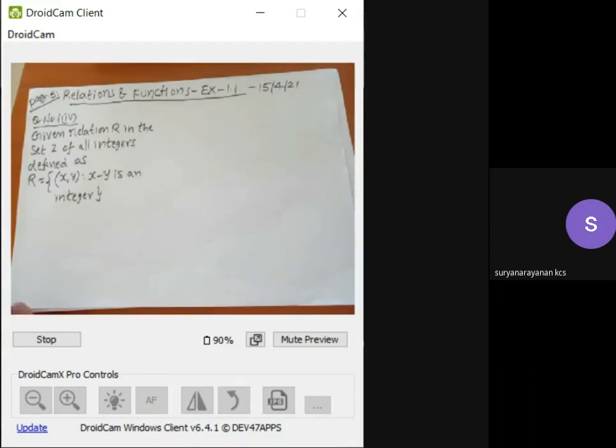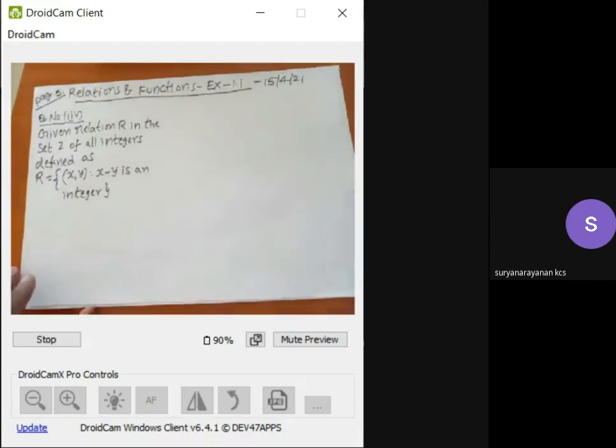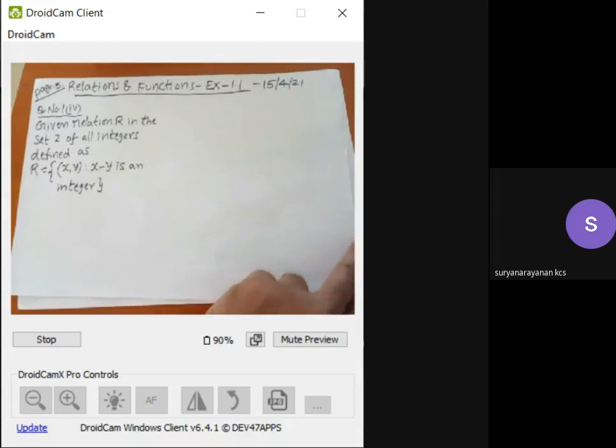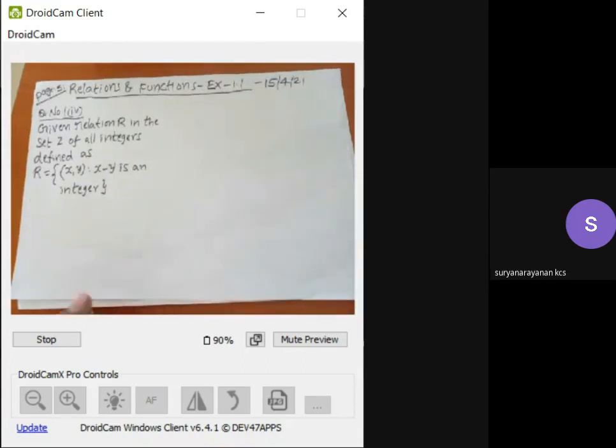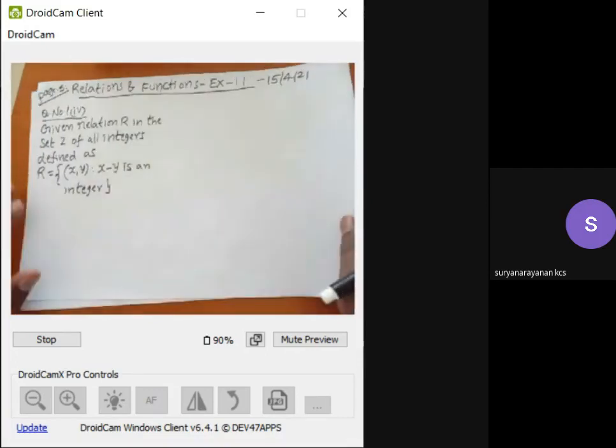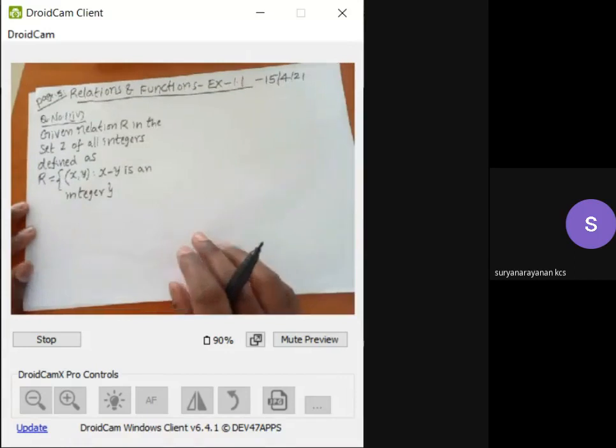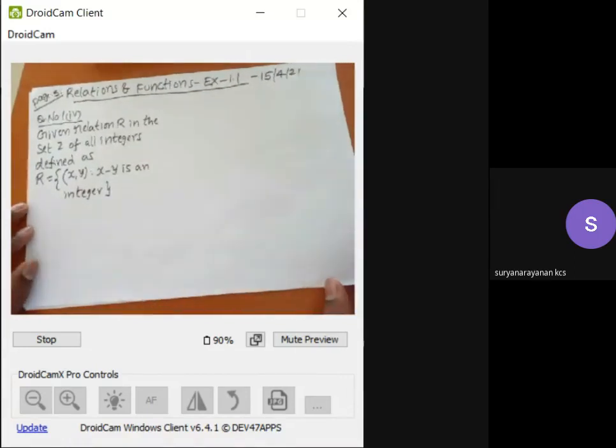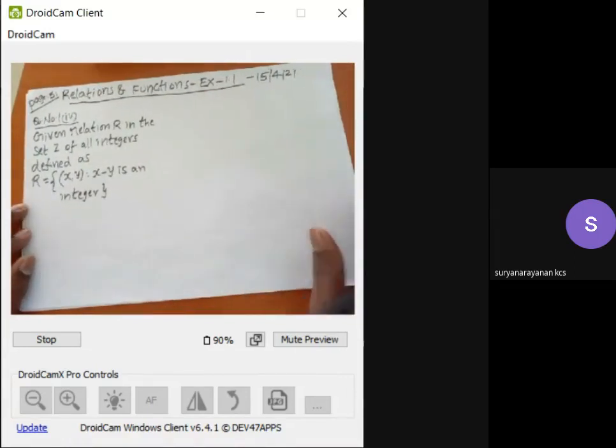So here we have to use our previous knowledge. Okay, my dear children, if one number is an integer, is the difference of any two integers always an integer or not? Now let us verify whether this relation is reflexive, symmetric, and transitive or not.